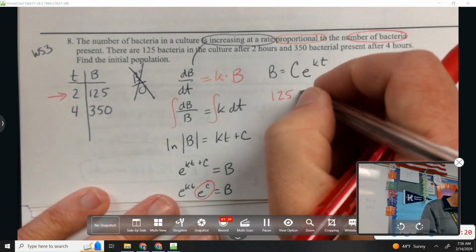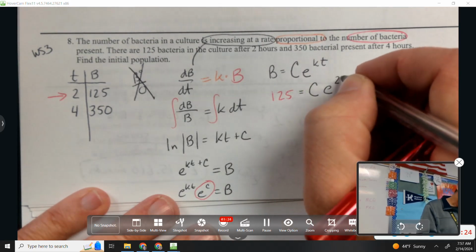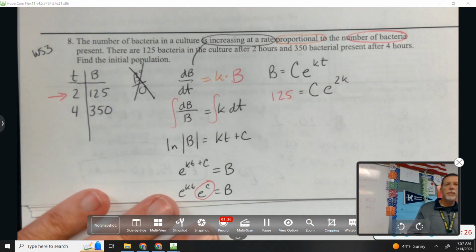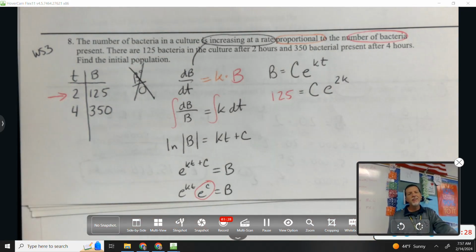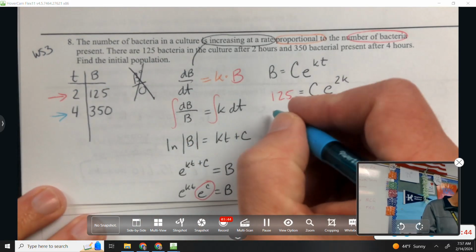125 equals c e to the 2k. Oh, this is what we didn't like because there's still 2 variables in there. Or, well, they're not variables, they're constants. There's 2 unknowns in there, so I can't solve for one of them. Let's plug in the other one and see if this helps at all.